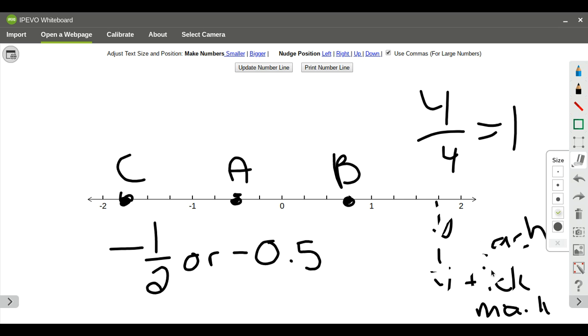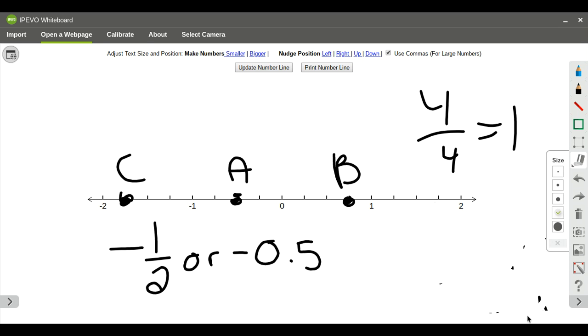So let's take a look at our value for B. I'm going to do the same thing. I'm going to start from 0, and I'm going to count how many over I am. So if I start counting from 0, I'm going to be 1, 2, 3, but I'm positive because I'm in my positive numbers. So B is going to be 3/4 or 0.75.